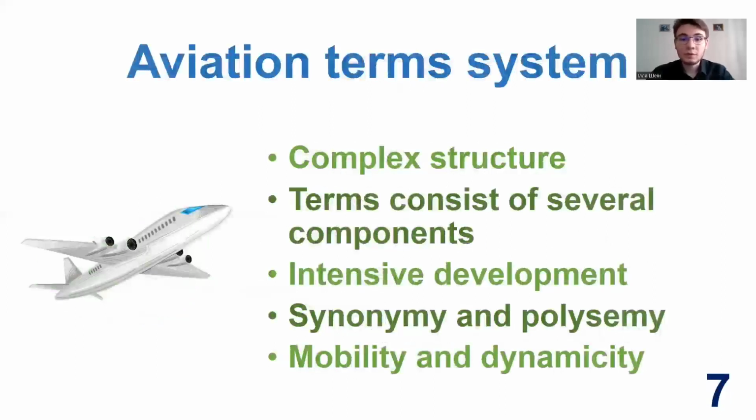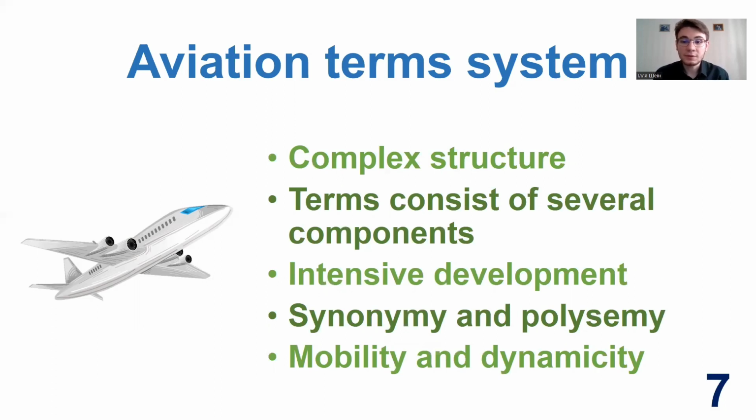First of all, talking about aviation term system, we should give a brief summary, a brief characterization. It is clear that aviation term system has a complex structure. It consists of about 100,000 separate lexical items and combinations.